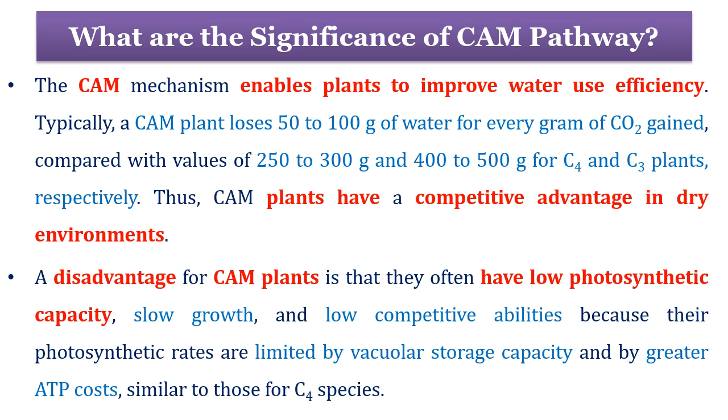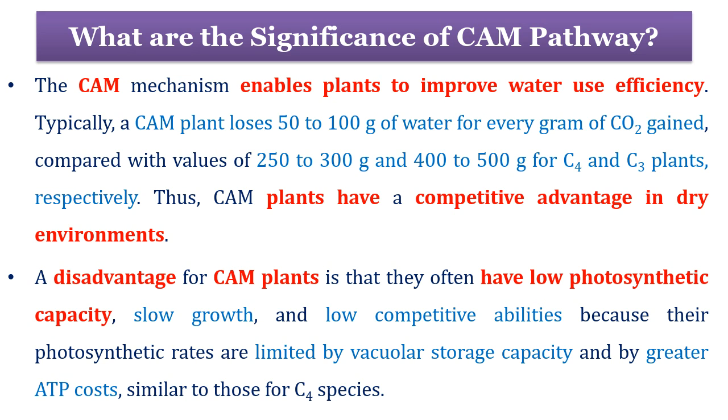Now what is the actual significance of the CAM pathway? This CAM mechanism enables plants to improve water use efficiency. Typically CAM plants lose 50 to 100 grams of water for every gram of carbon dioxide gained. If we compare these values with C3 and C4 plants, the values of water lost by C3 and C4 plants are very much higher as compared to CAM plants.